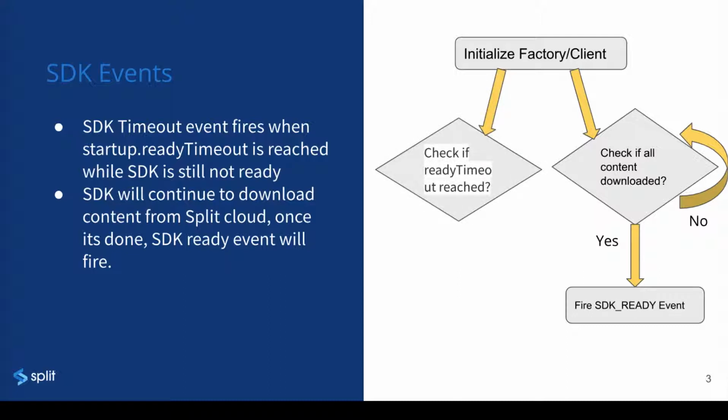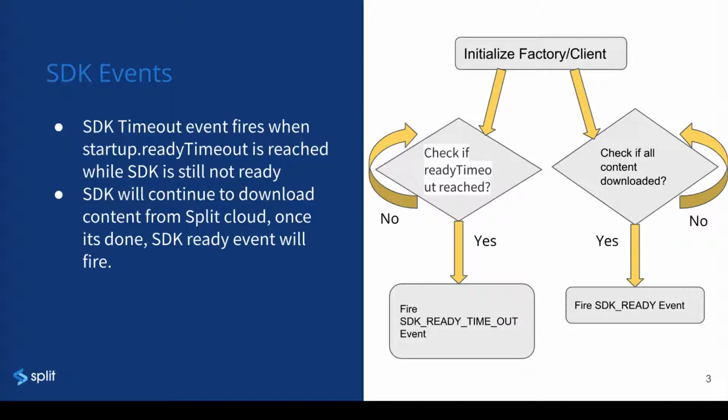Another thread will always check if the ready timeout parameter has been reached. And if it's not, then it will keep checking. And if it did reach it and the SDK is not ready yet, then it's going to fire SDK ready timeout.